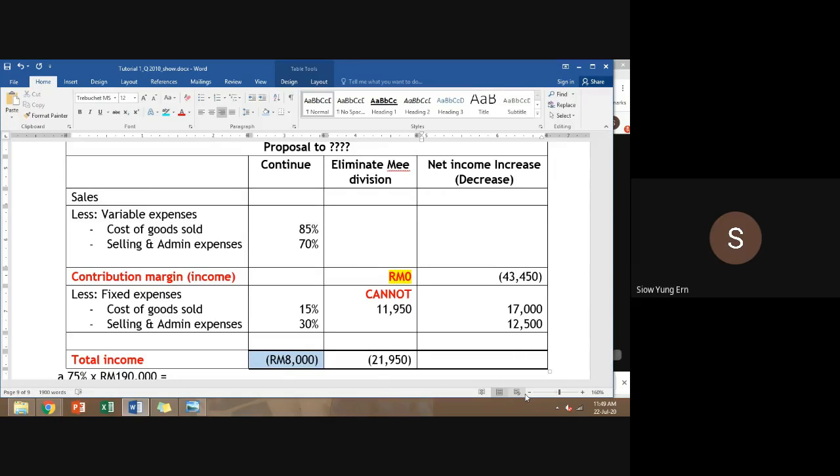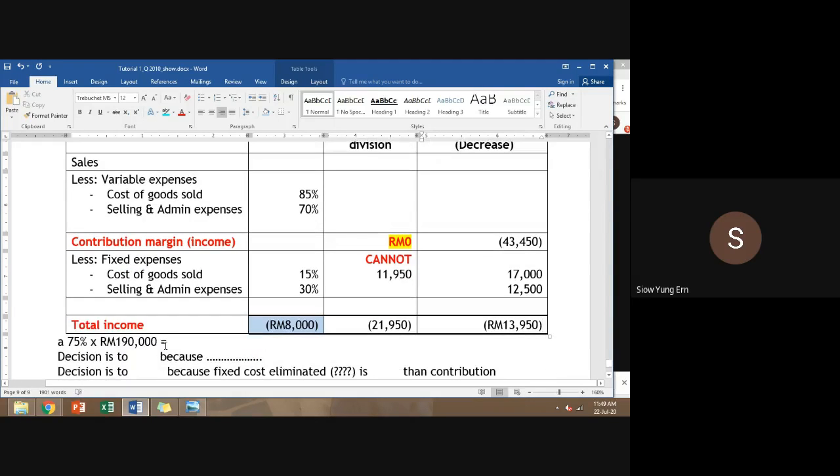Became even worse. So if you compare, do you see your total loss became even worse if you eliminate, from negative 8,000 to negative 21,950, even worse. So your total loss is 13,950.